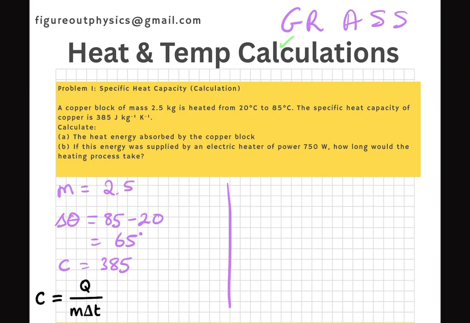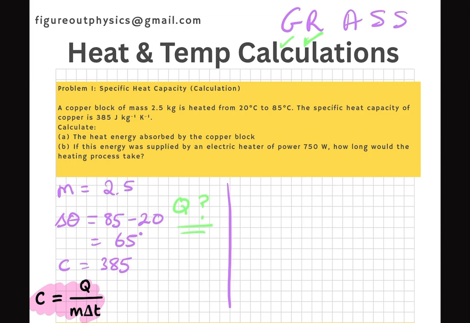Next step, what is required? What is required is the heat energy absorbed. So we're looking for Q, and we write that down as well. Write down what it is so you can link it to your equation. Now we have Q, c, m, change in temperature, so we can use our formula for specific heat capacity.